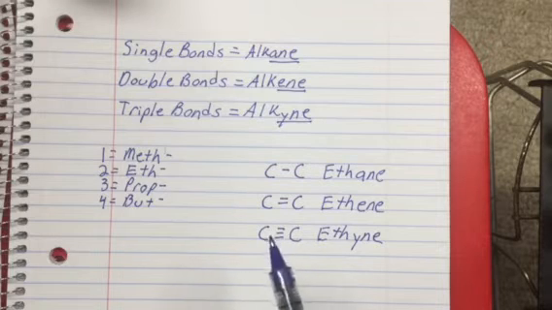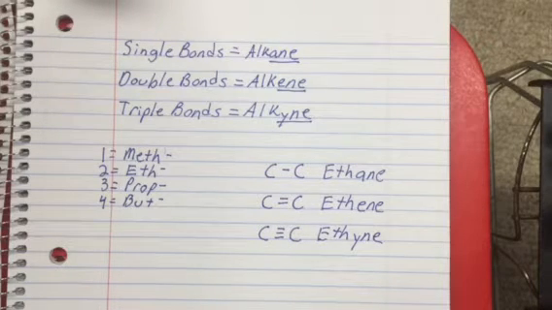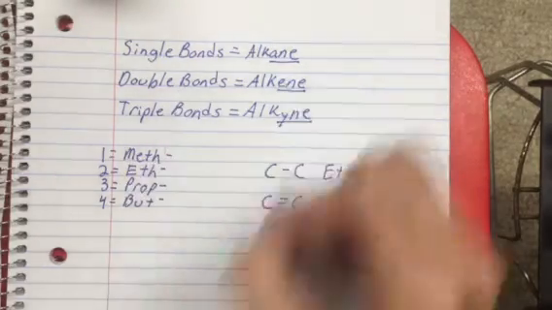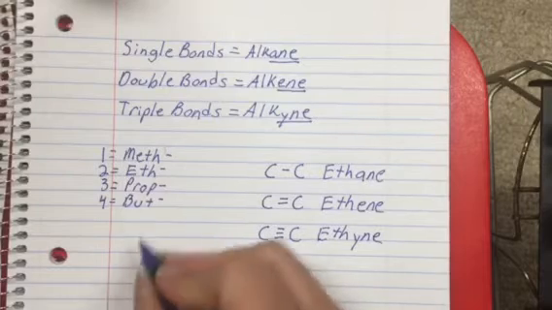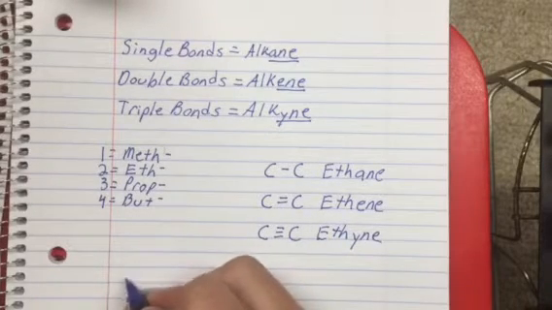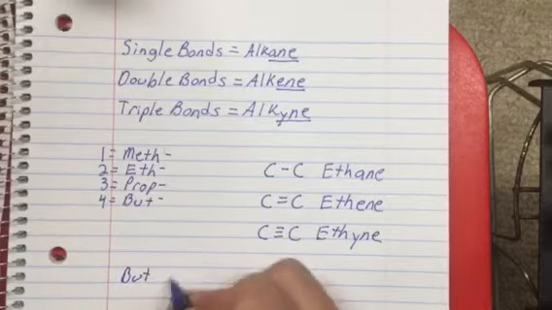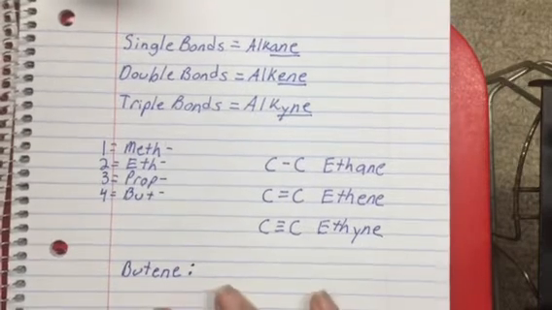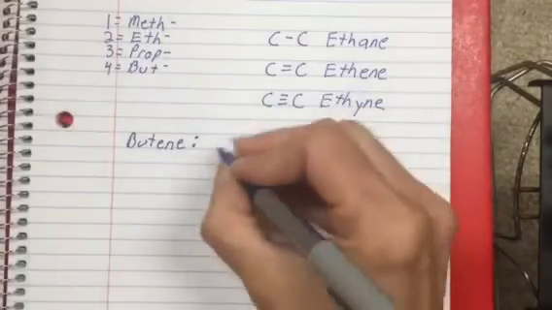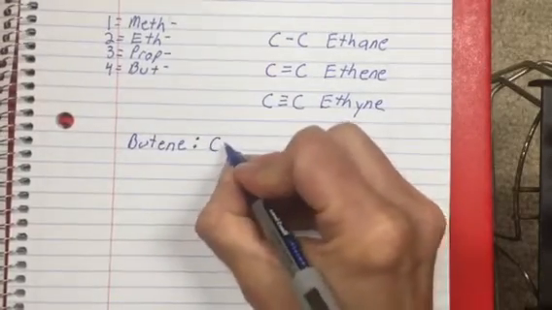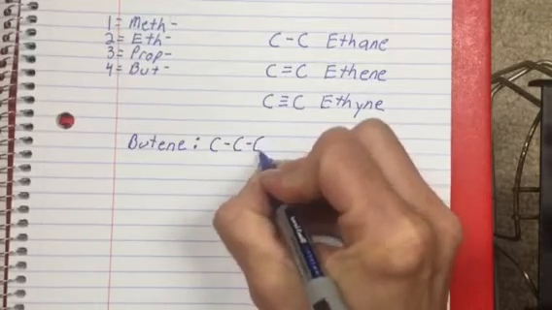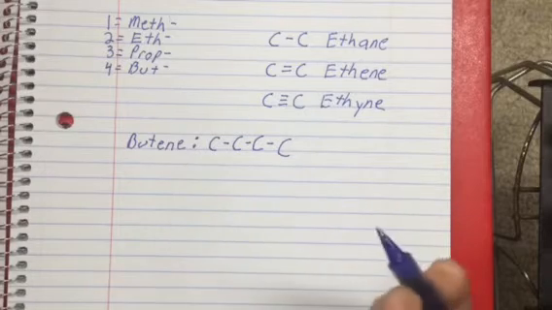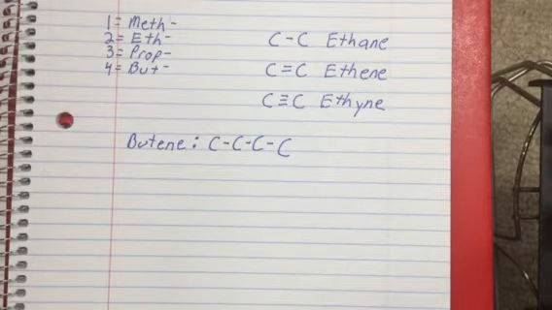Now, one thing that I need to point out, we're assuming that there's only one double bond in each molecule, and when you get something a little bit bigger, like say butene, you'll find that it's got 4 carbons, 2, 3, 4, and because it's an ene, it's got to have a double bond, or where are we going to put it?